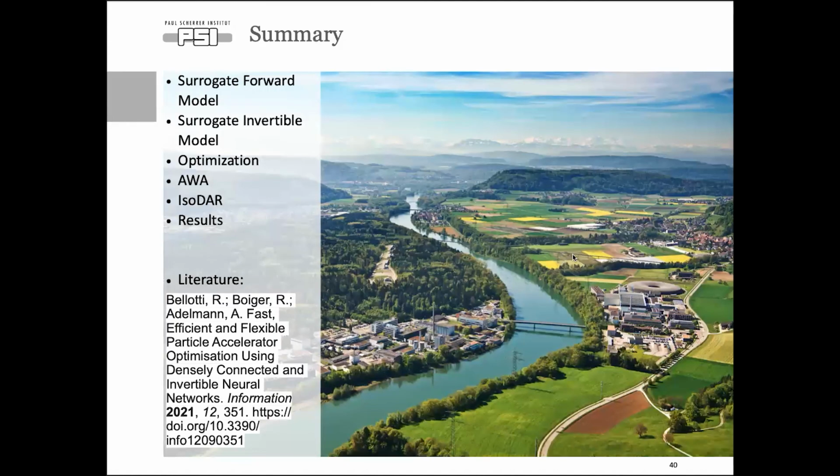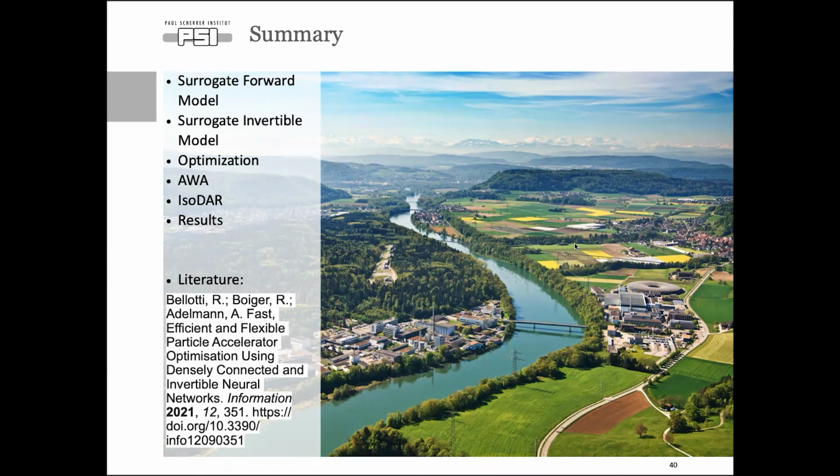So summarized, I showed you an approach for optimizing particle accelerator operations using densely connected and invertible neural networks. I showed you the construction of the networks and explained the optimization approach, and I demonstrated everything with 2 different accelerators, AWA and Isodar.